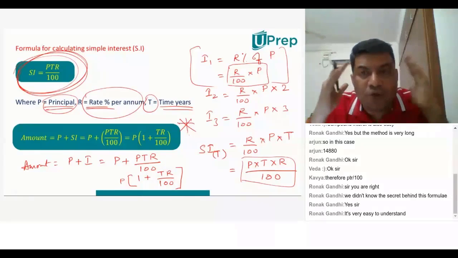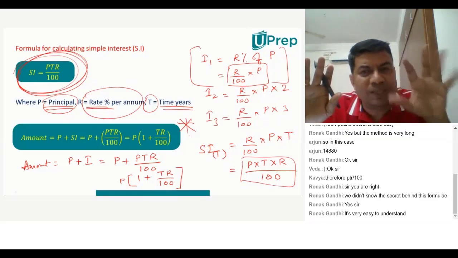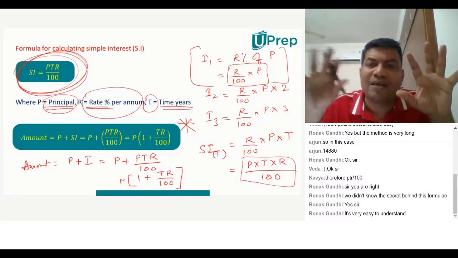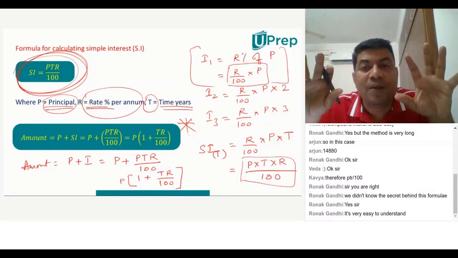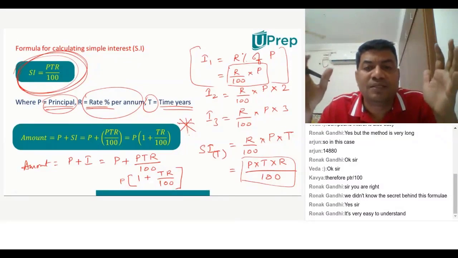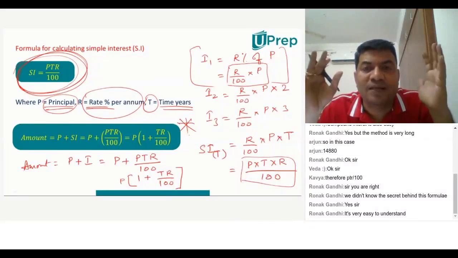If you fundamentally know that amount is nothing but principal plus interest, and you know how to calculate simple interest, which is PTR by 100, and you understand how it has come, then you need not remember this second formula at all, if you fundamentally understand what we are doing.